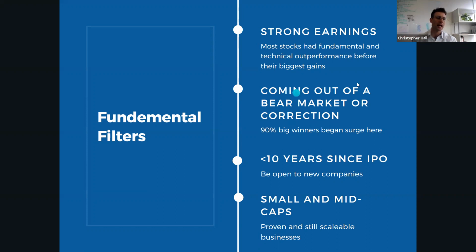The next one we want to see is coming out of a bear market or correction, because as Mark Minervini points out, 90% of the big winners on the markets begin their surge here. So whether it's a contraction or a pullback in a bullish phase, so you have a 10, 15% reduction, the market comes down, a lot of these companies end up turning sideways as the market drops down, some sort of accumulation that we'll touch on in a second. Or it comes out of a bearish phase.